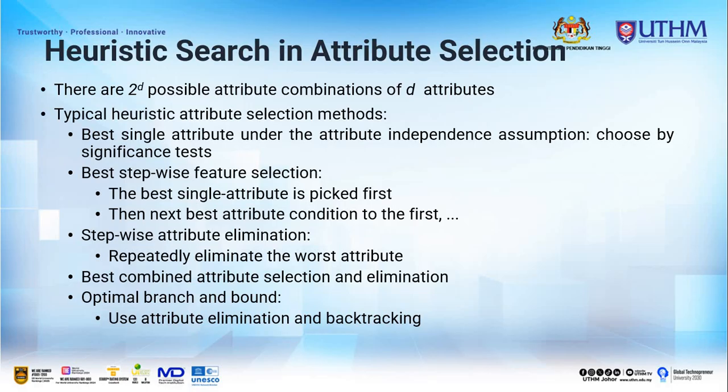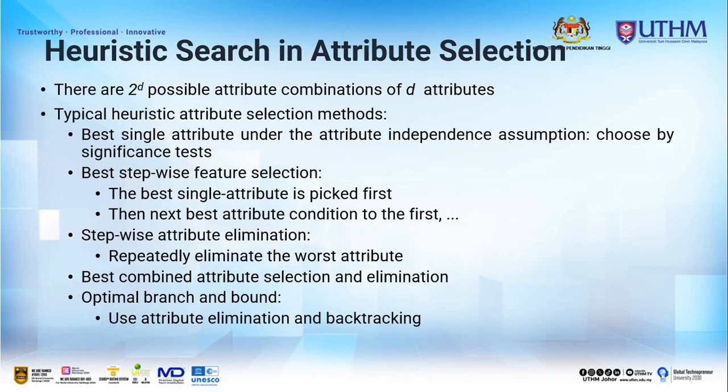The heuristic attribute selection methods provide efficient strategies to navigate through the vast search space without evaluating all the possible combinations. Typical heuristic methods are, first, best single attribute under the attribute independence assumption, AIA.